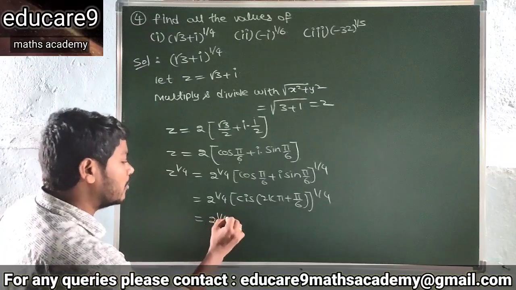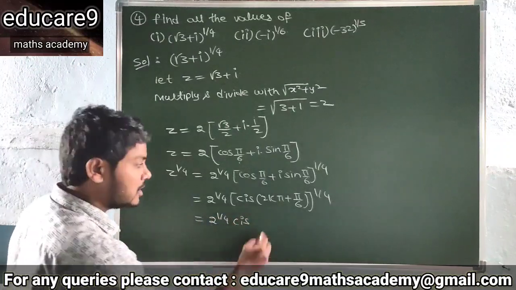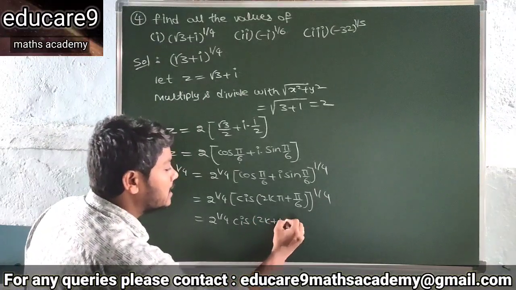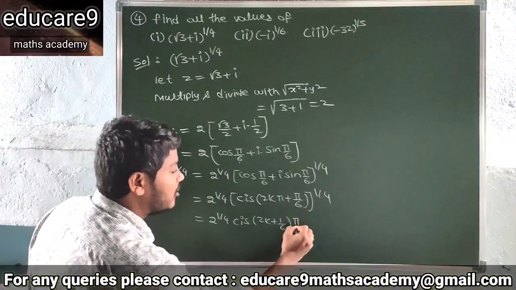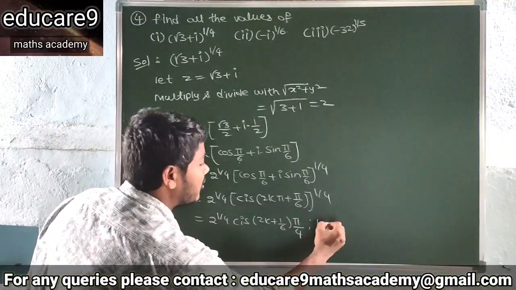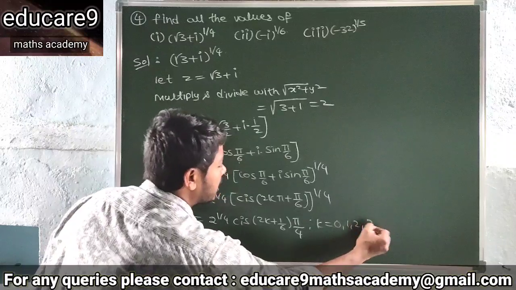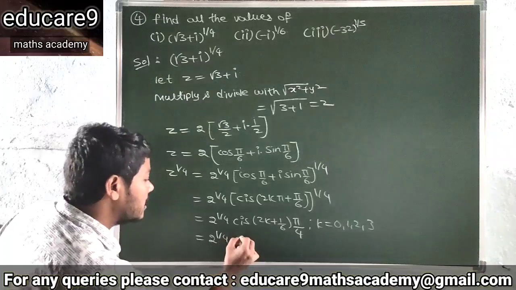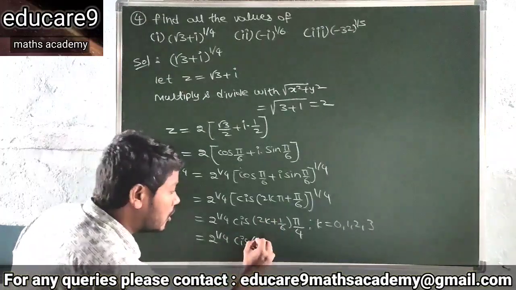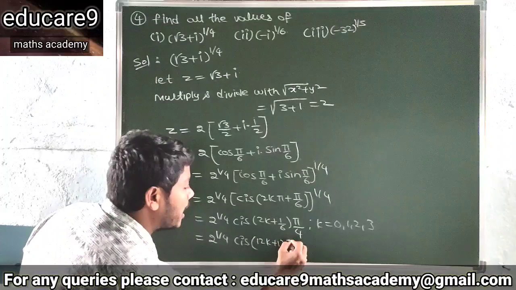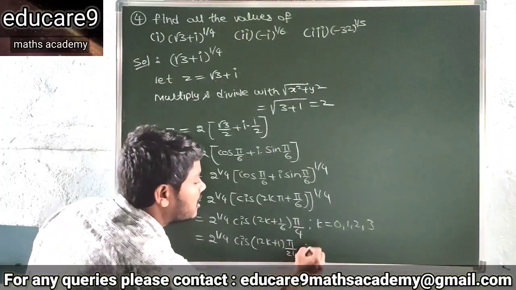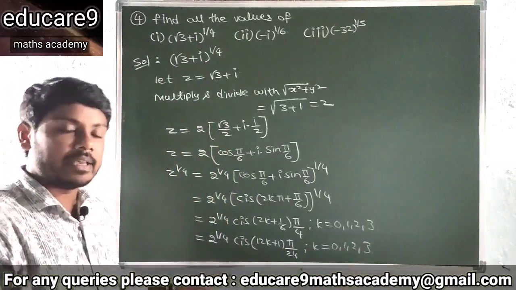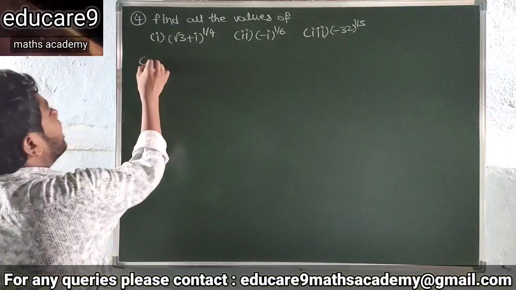That is 2 power 1 by 4 cis of ((2k plus 1 by 6) pi) divided by 4. Here what are the k values? 0, 1, 2, 3. So again this can be written as 2 power 1 by 4 cis of (12k plus 1) into pi by 6 into 4, that is 24, where k values are 0, 1, 2, 3. Okay. So this is the required solution. So see the second solution.